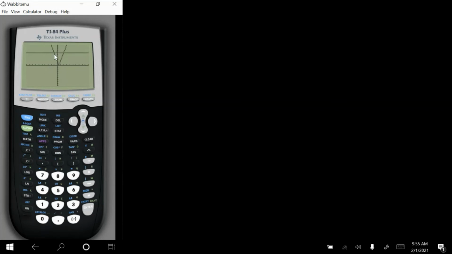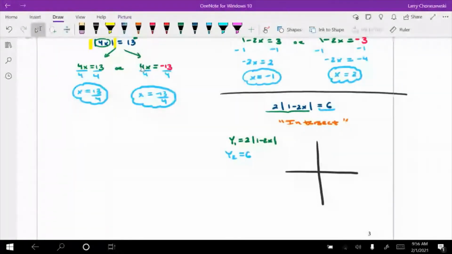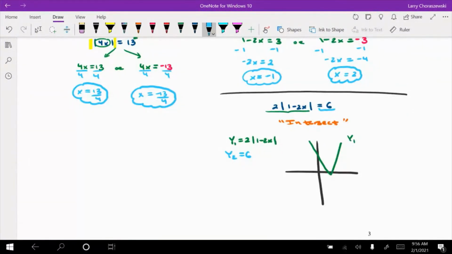Okay, so just in the interest of time, I will go ahead and provide you these points of intersection on my sketch. Since there are 2 points of intersection, that does confirm 2 solutions.